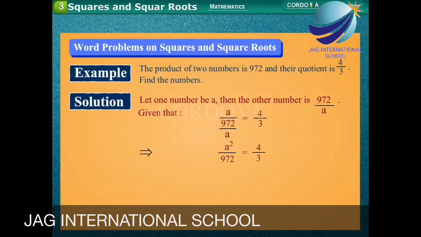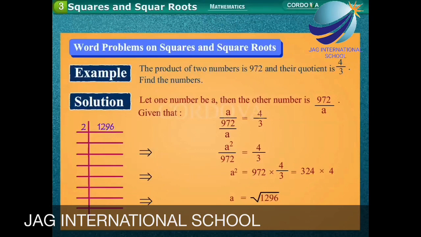This implies a square upon 972 is equal to 4 upon 3. This implies a square is equal to 972 into 4 upon 3, which is equal to 324 into 4. This implies a is equal to square root of 1296.